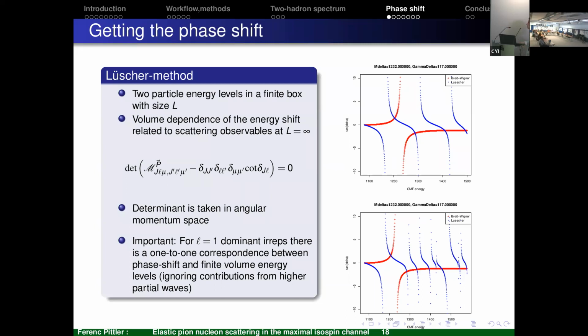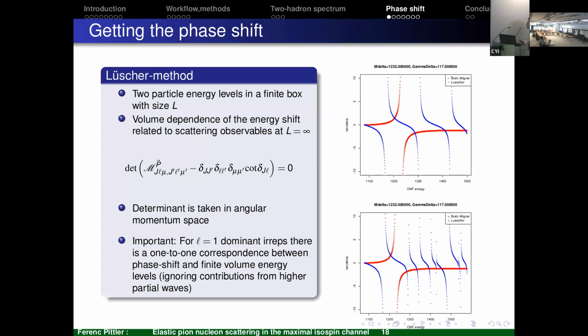These matrices are taken in the angular momentum space, and for example, for L equal 1, we have a one-to-one correspondence between the phase shift and the energy levels, and this is the easiest case. Here on the right-hand side, I just show two plots which explain what we are doing.